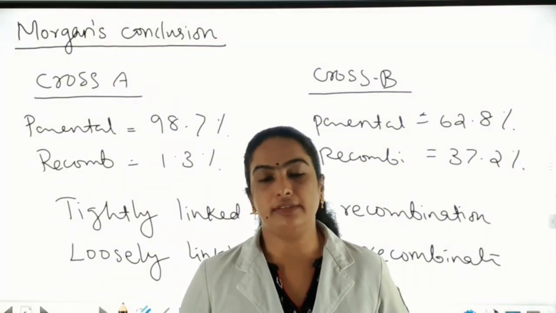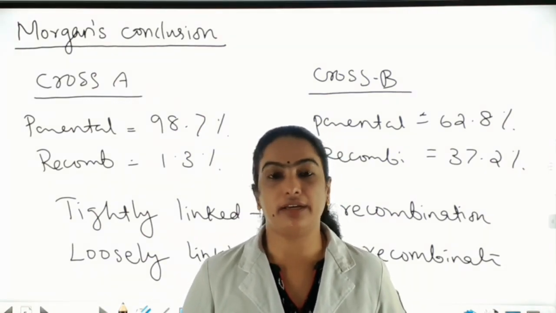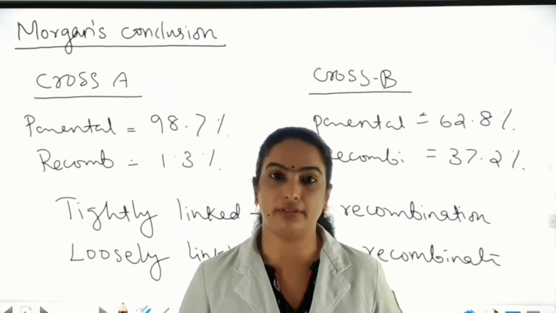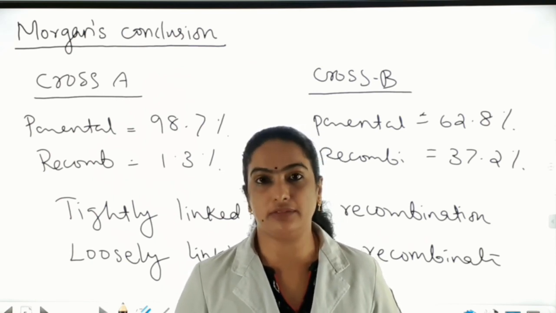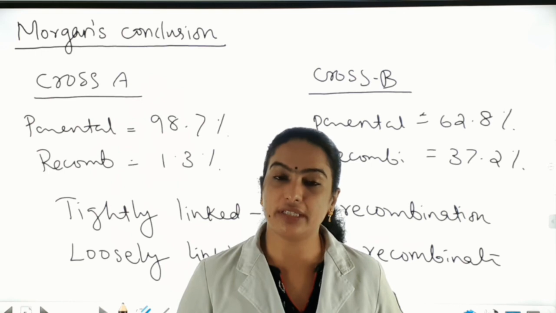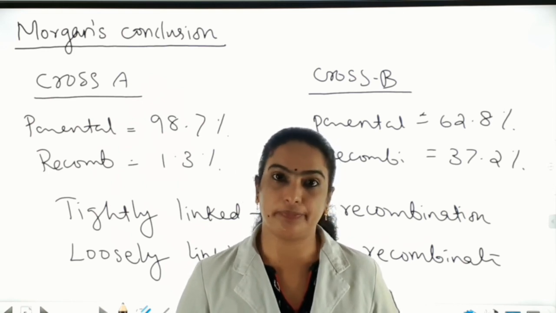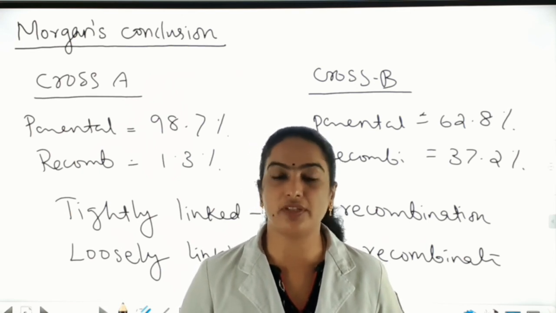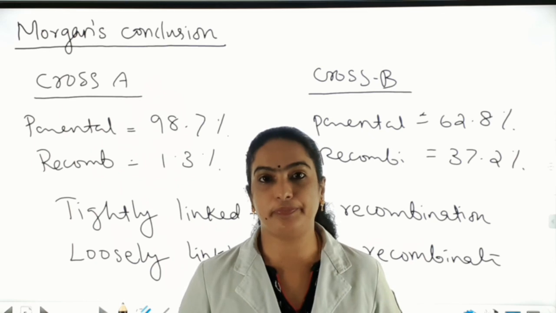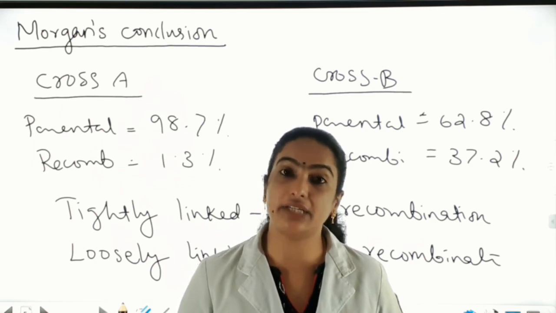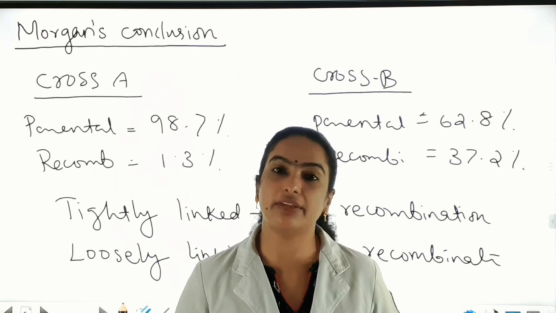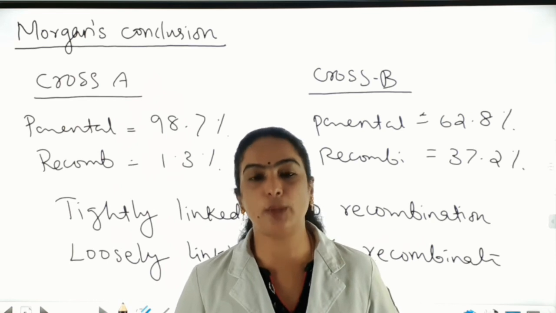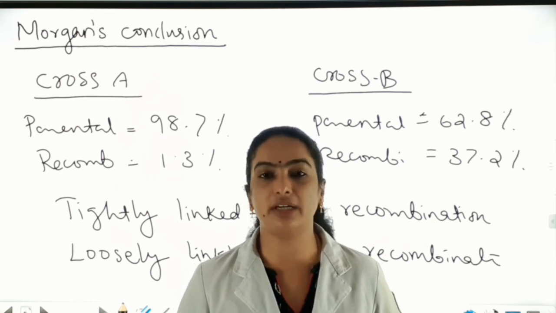A graphical representation of this linear arrangement of genes is called chromosome map. The chromosome mapping was constructed by Alfred Sturtevant. The chromosome mapping is the linear graphical representation of the sequence of genes, and the relative distance of various genes in the chromosome can also be represented as a map, and that is called chromosome map or chromosome mapping.